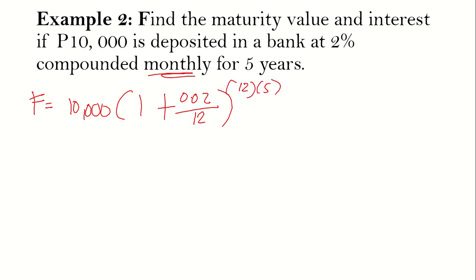Raised to MT, which is 12 times 5. So, future value here is equal to 10,000 times 1 plus 0.02 divided by 12, which is equal to 1 over 600.